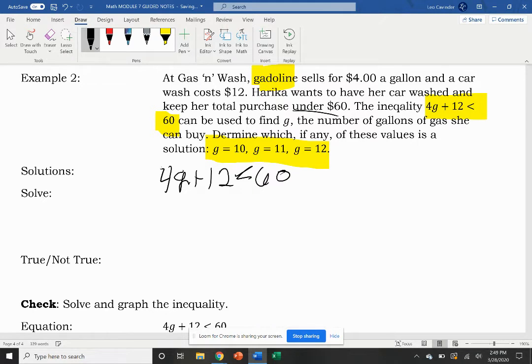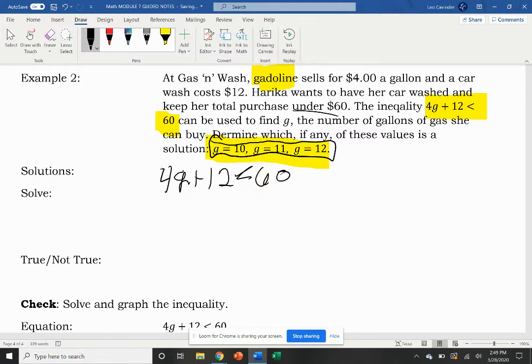Here it's giving us which of these solutions could be true. It's basically asking how many gallons of gas can she buy under 60? Could she buy 10, 11, or 12? If we're doing a let statement, we would say let G represent the amount of gallons of gas she can buy while keeping it under 60.